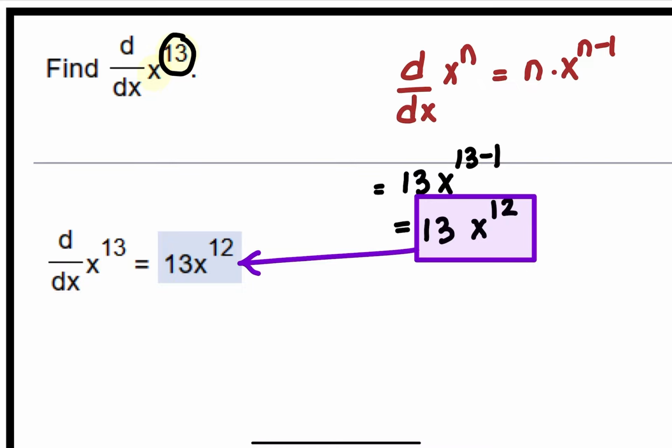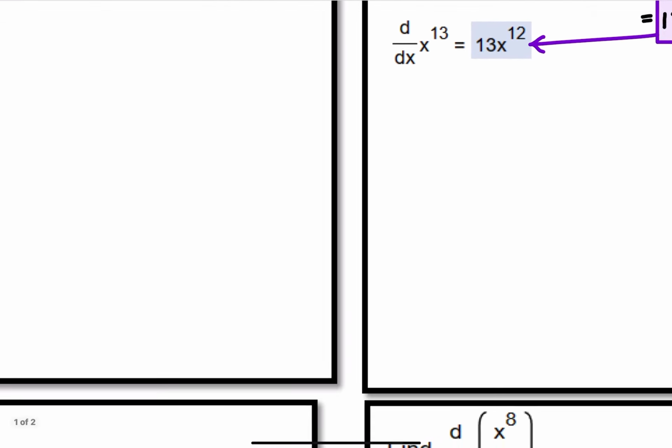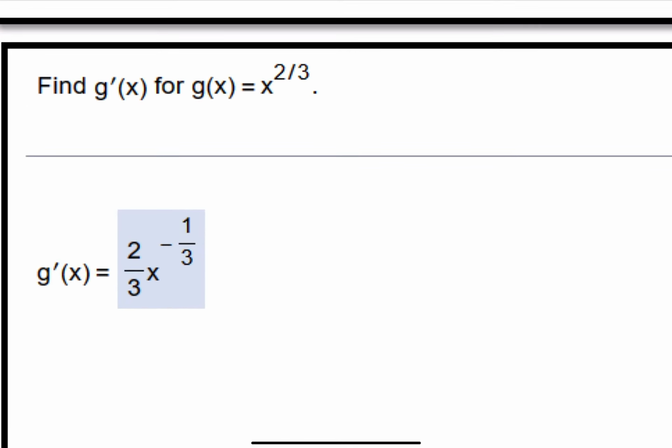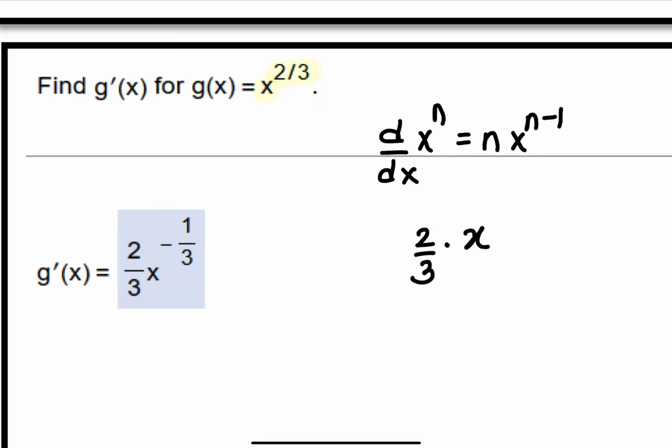Now let's take a look at the next one. Right here, and again, this function is represented as g, but it still doesn't matter. The formula for d by dx of x to the power n is n times x to the power n minus 1, and I have my x, I have my n. So here the answer is going to be n, which is 2/3, times x to the power 2/3 minus 1.